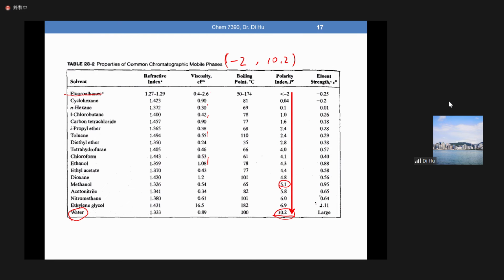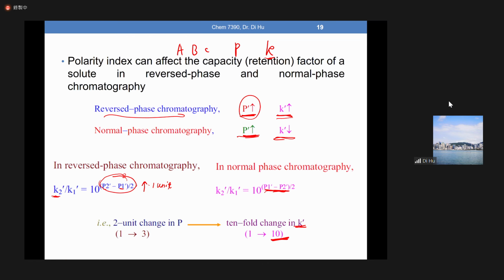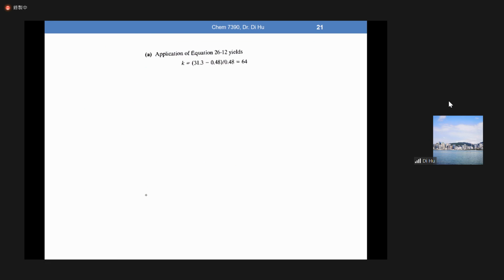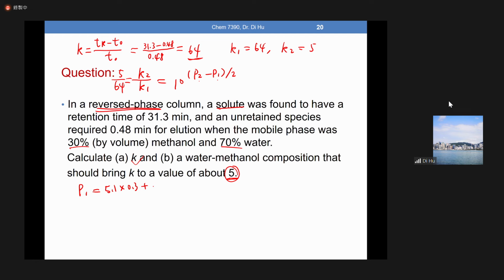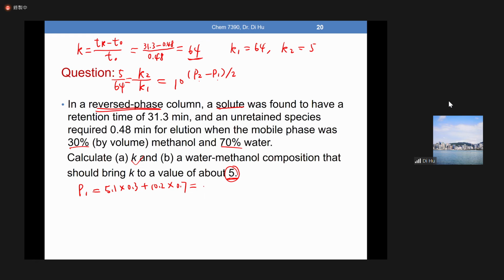You can always go back to this table to find it. So 5.1 times 0.3 plus 10.2 times 0.7, and now you have the P value equal to 8.7. That's for P1.